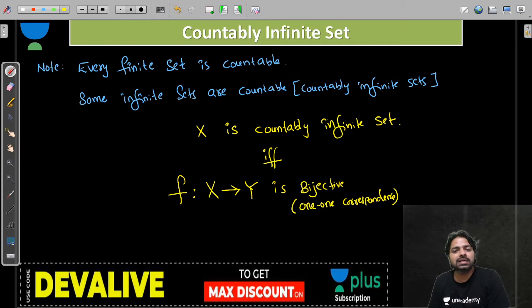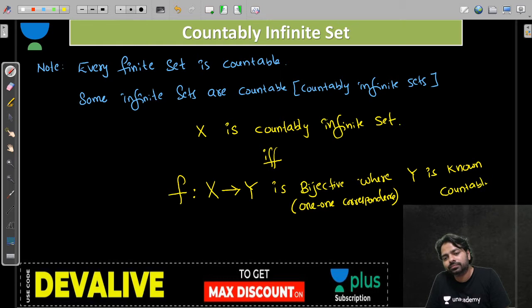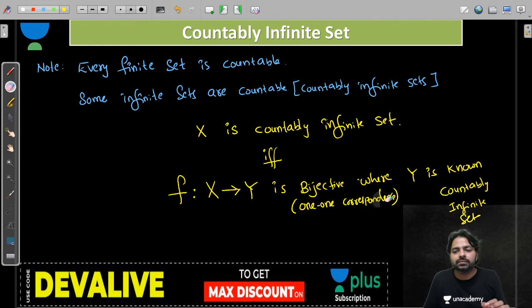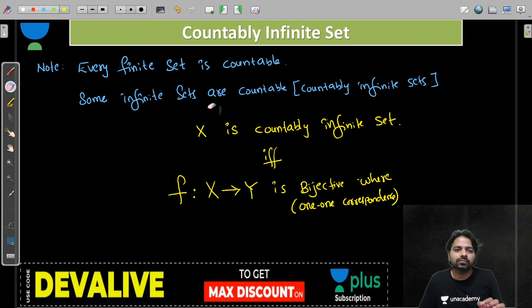And f is a bijective function that maps from X to Y, where Y is a known countably infinite set. Then X is a countably infinite set.